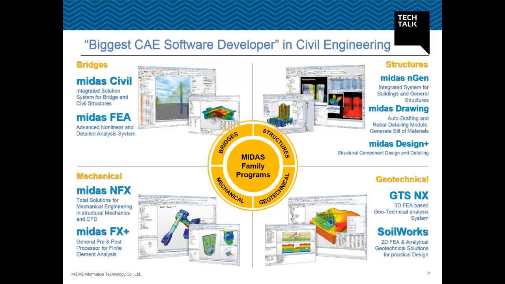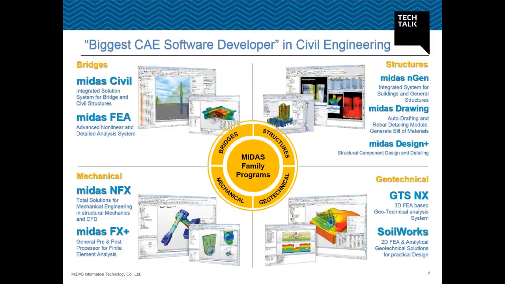So I was talking about the software solutions offered by the MIDAS family programs. I finished with MIDAS FEA, which is an advanced nonlinear and detailed analysis system. Now we are going to move to the structural part. In the structures, there is MIDAS NGen, which is an integrated system for buildings and general structures. Basically, you can perform the analysis as well as design of RC as well as steel buildings and structures.